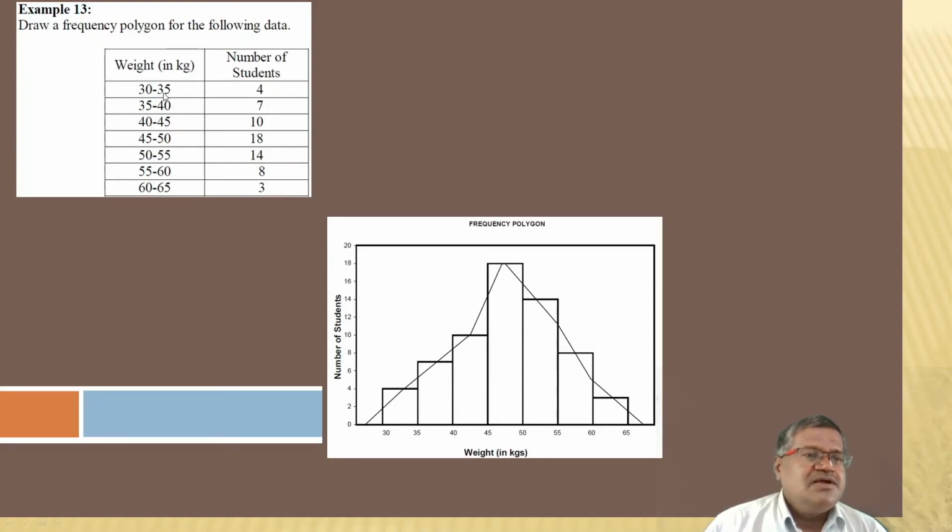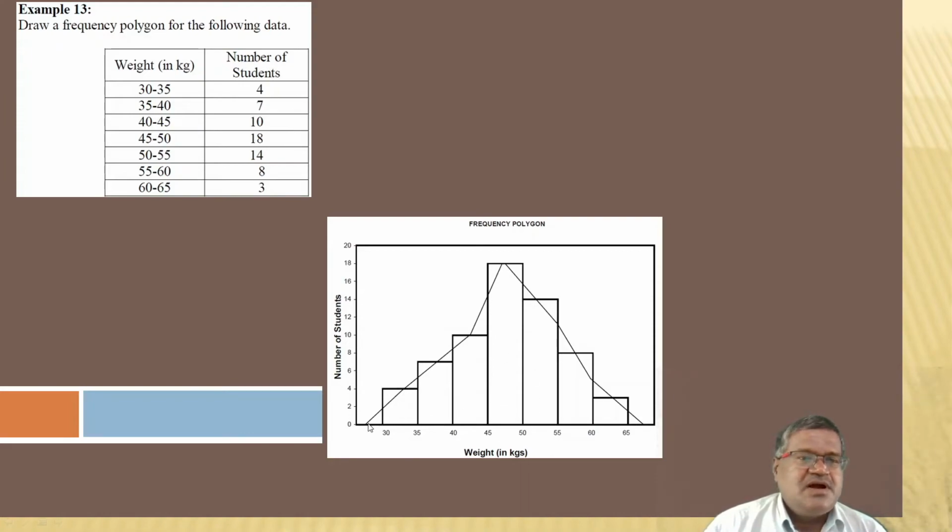Take class interval on x-axis and frequency on y-axis. First draw histogram. 30 to 35, 4. 35 to 40, 7. Like that, first we need to draw histogram. 45 to 50, 18. This is the maximum frequency.